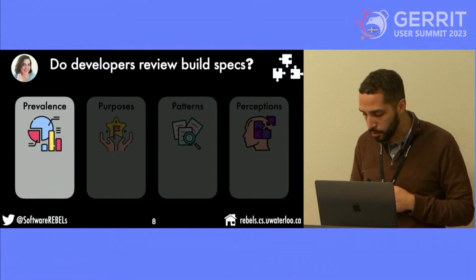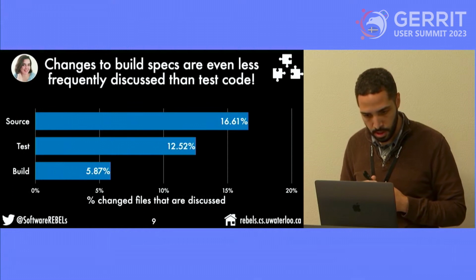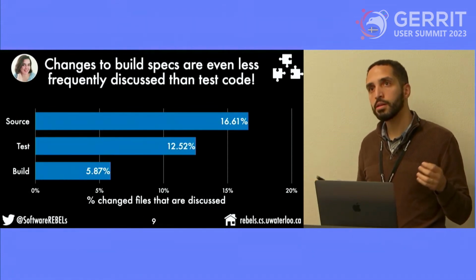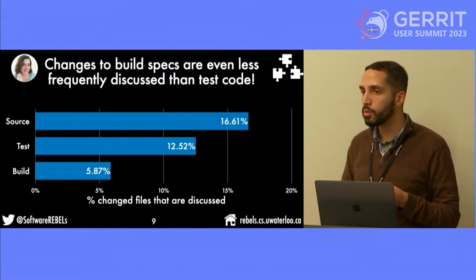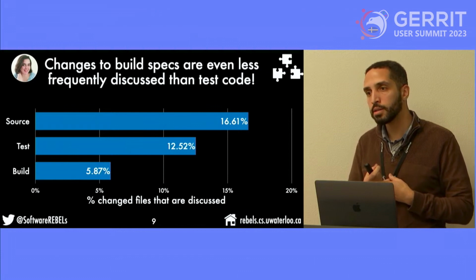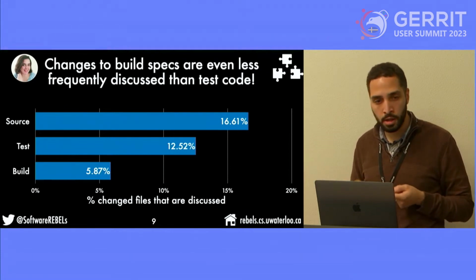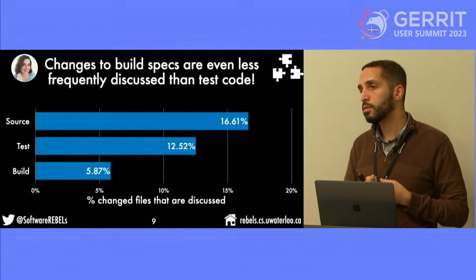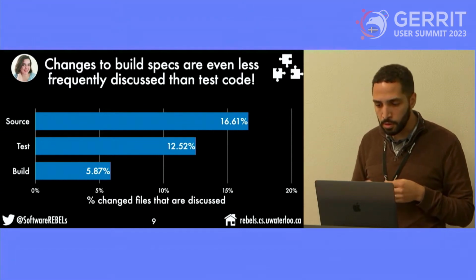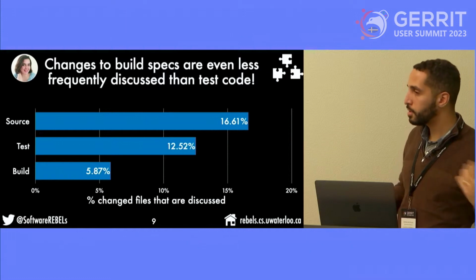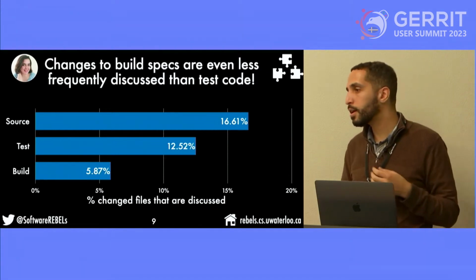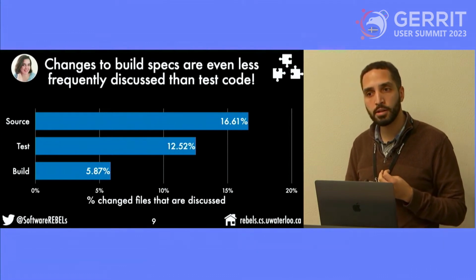First, let's talk about the prevalence. So I kind of skipped a slide where I tell you about the projects that we studied, but we looked at the Qt system, which is written in C++ and is very, very big and popular. We also looked at Eclipse. So that's a Java system with a different kind of build spec. And what we found is, not unlike these test researchers, we found that build files are even less likely to receive comments than test code.